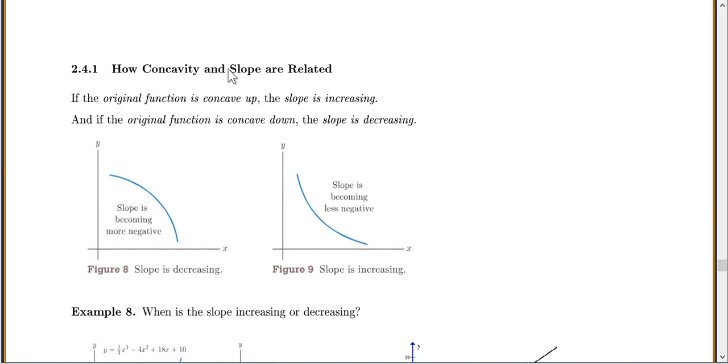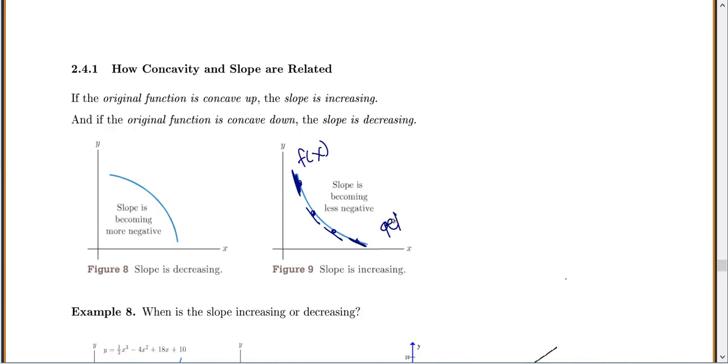Now next, this is kind of a tricky part the book puts in, and it kind of goes against your intuition a little bit. So how are concavity and slope related? If our original function is concave up, that means our slope is increasing. So here's an example where our original function, f of x, is concave up. If you look at your slope, it's really steep, less steep, less steep, less steep.